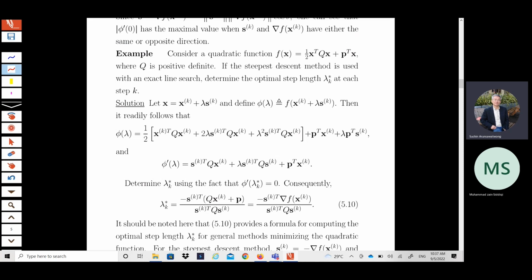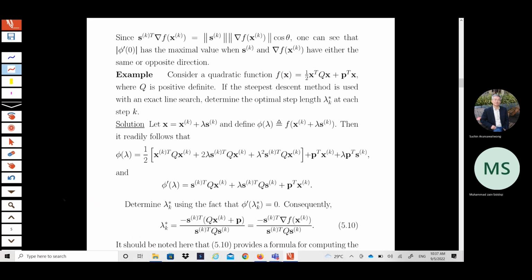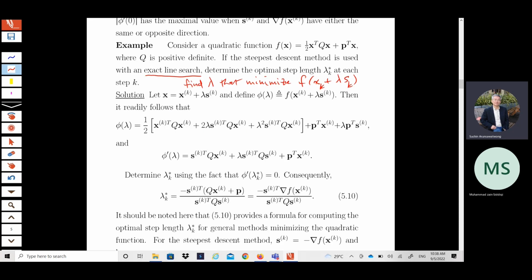The exact line search means we find the optimum lambda, that is the lambda that minimizes f of x_k plus lambda sk. Then we determine the optimum step length lambda k star for each iteration k. How can we do this? We'll do that analytically by hand.